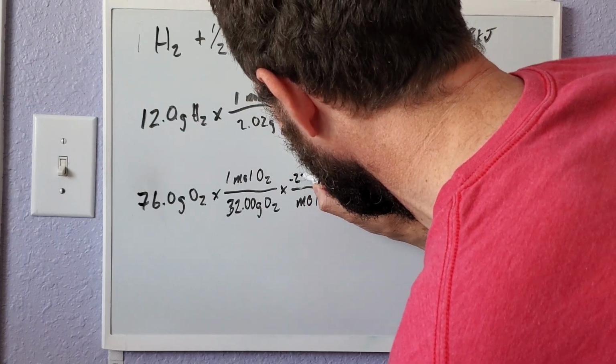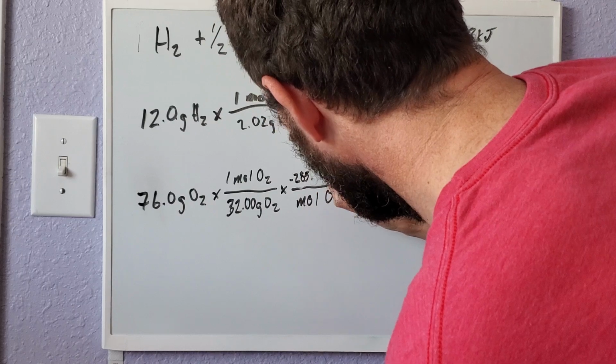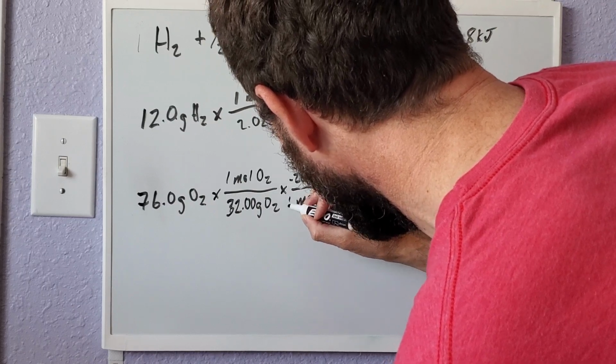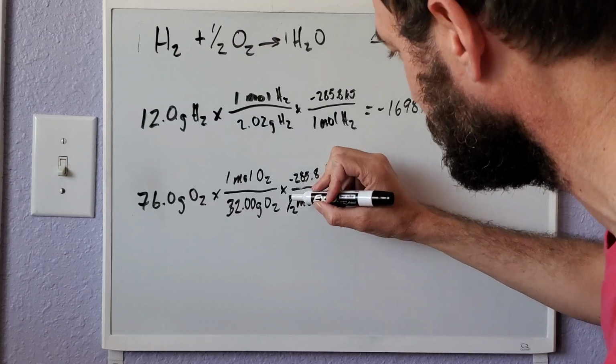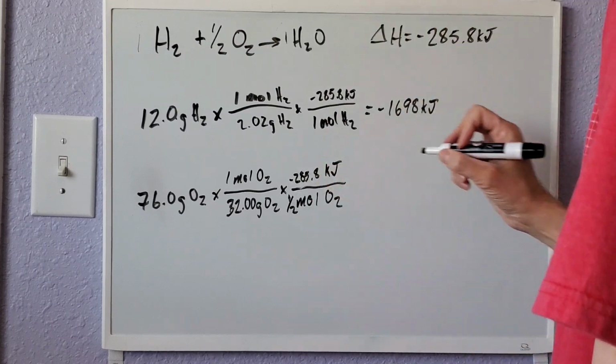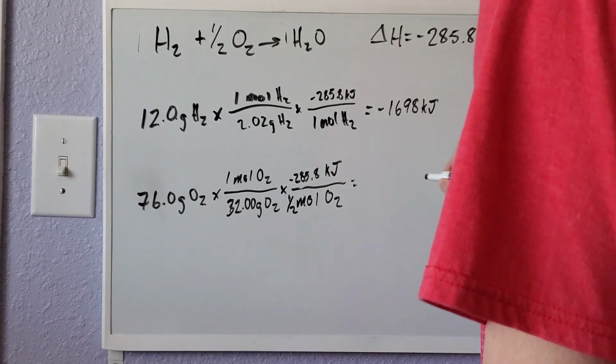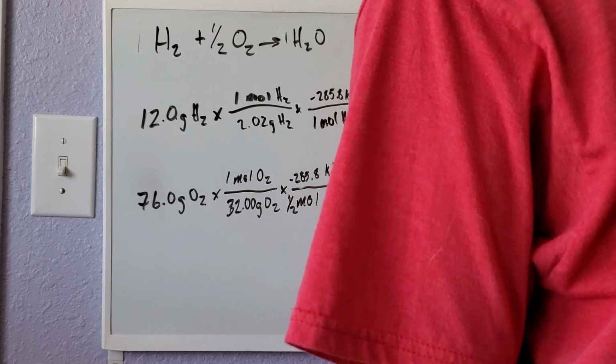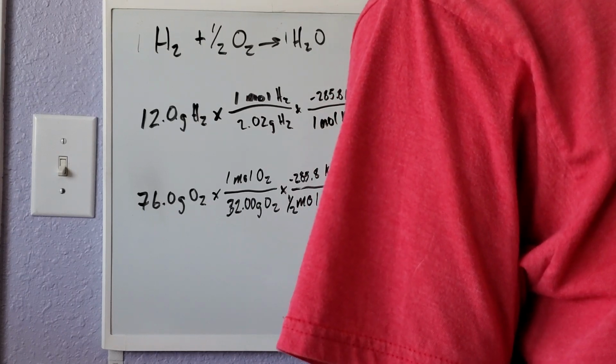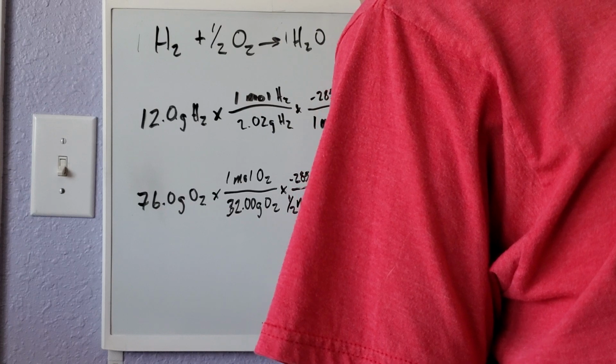We know we have negative 285.8 kilojoules for every half mole of O2. And so when you do this calculation, I end up with negative 1358 kilojoules of energy.